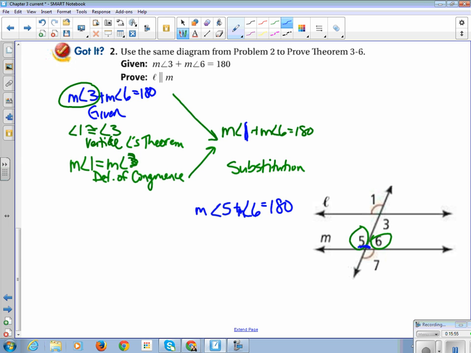Why do we know that? They are supplementary because they are a linear pair. The linear pair postulate says if two angles form a straight line, then they make a linear pair. And linear pair is supplementary.